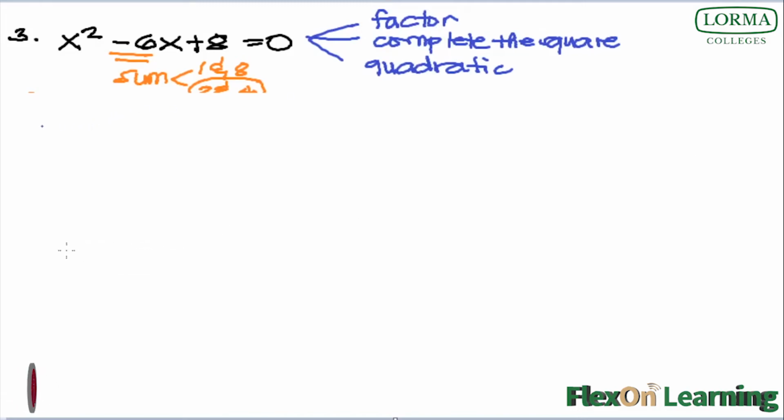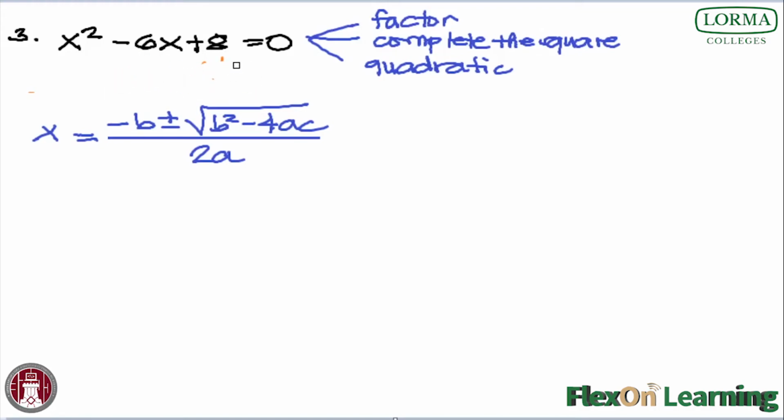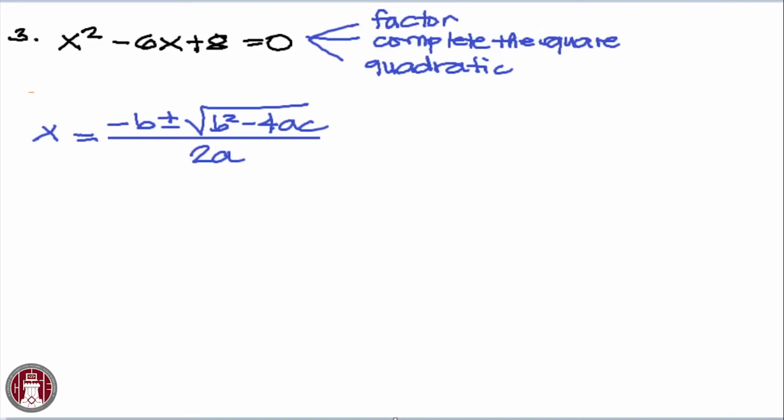So the quadratic formula is x equals negative b plus and minus the square root of b squared minus 4ac, all over 2a. Trivia, this quadratic formula was derived from completing the square. So that's why completing the square is also a possible method.